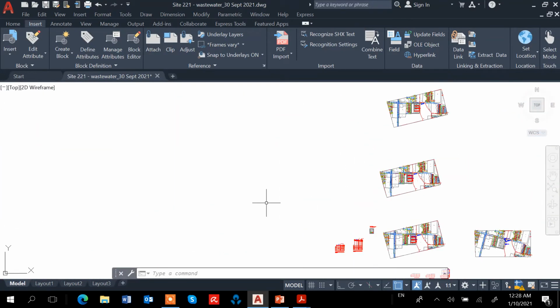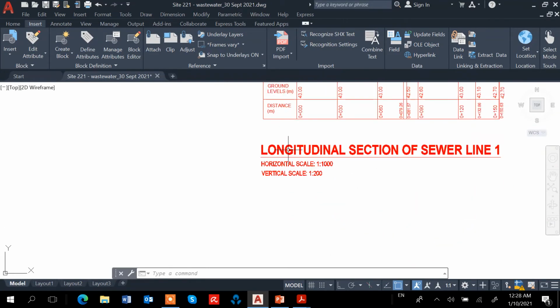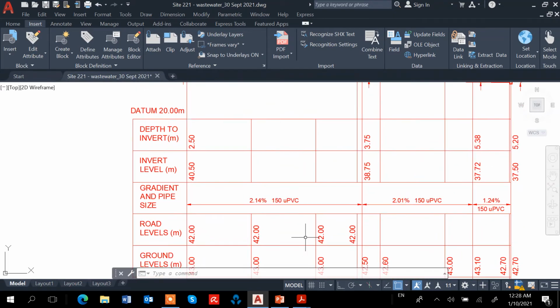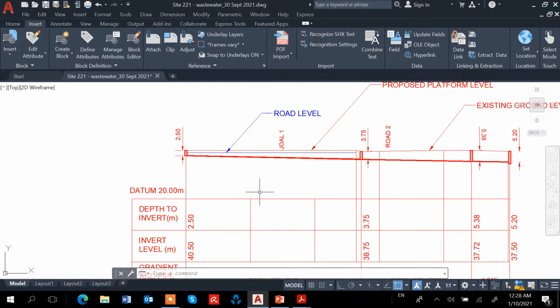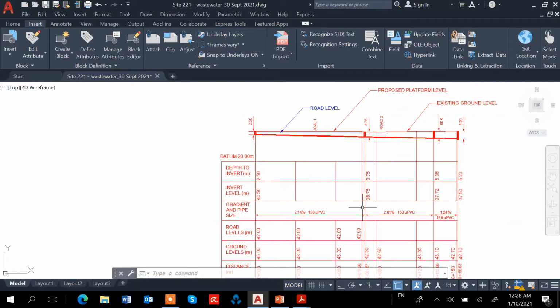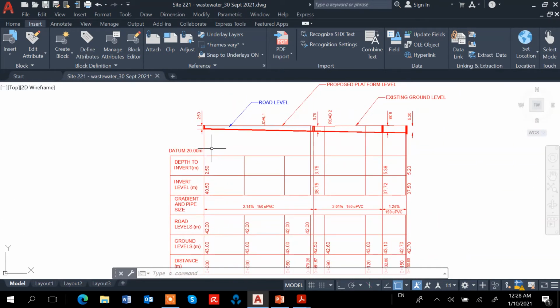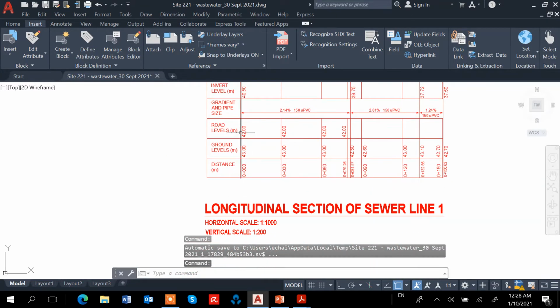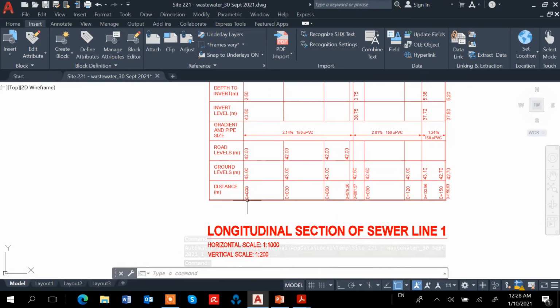In my long section, I've drawn the manholes, so we're going to establish the manhole positions. I want to see the distance from the first manhole to the second manhole, from the second to the third, and the third to the fourth. The first manhole is distance 0.